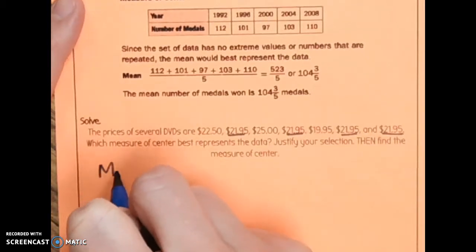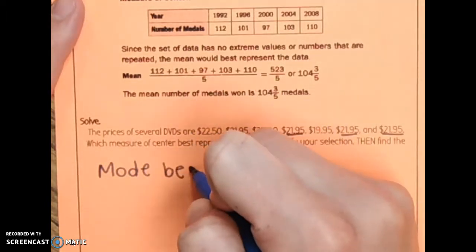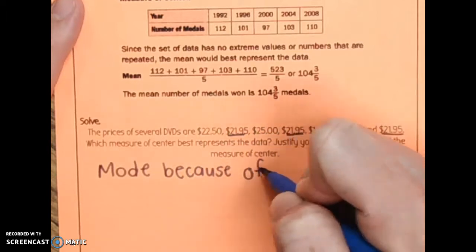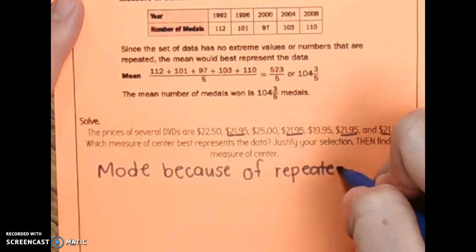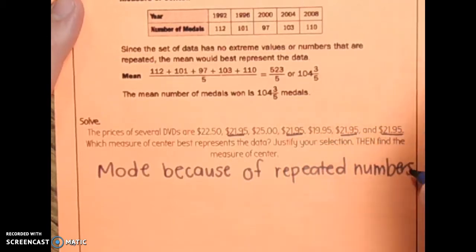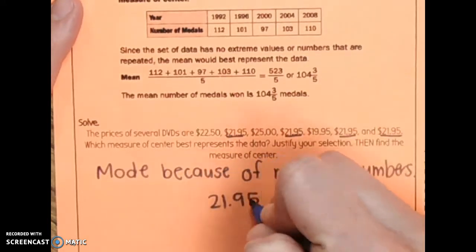So mode, because of repeated numbers. And the mode is $21.95, and that's all you have to do on that question.